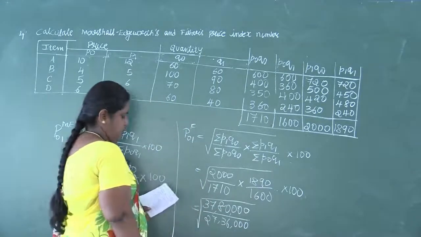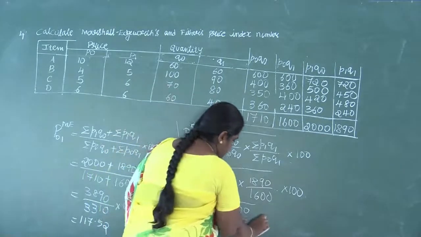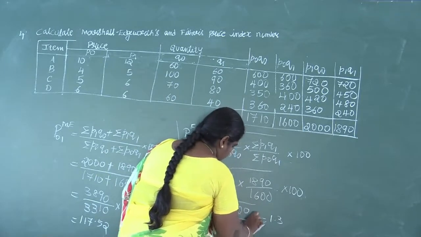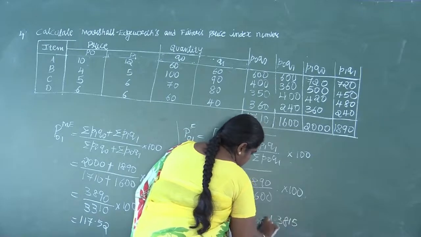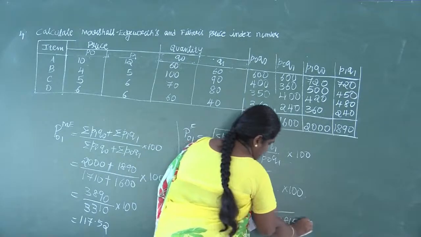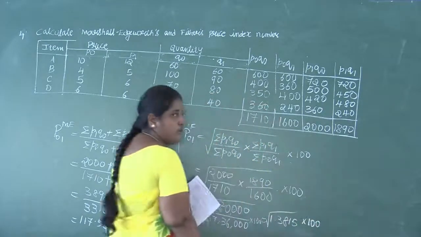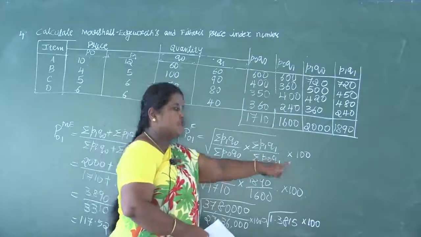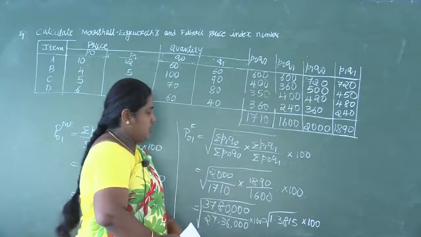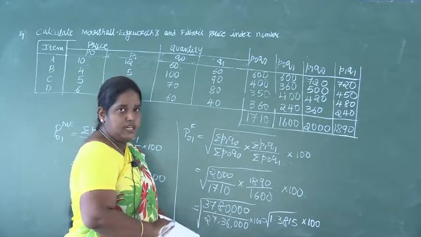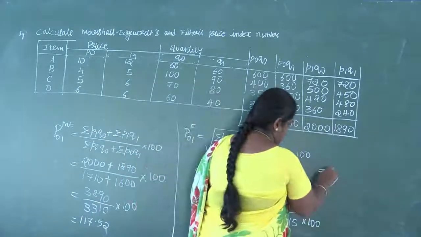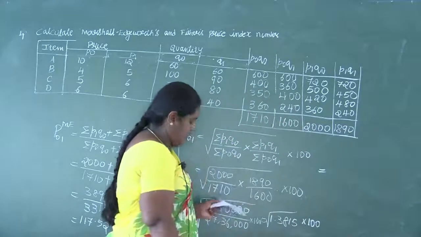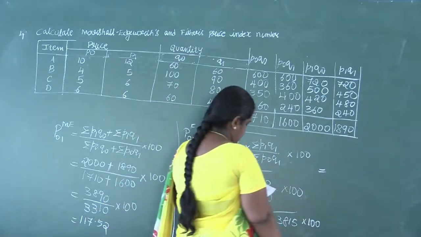Divide, you'll get 1.3815. Then take out the square root and at the ending we have to multiply. Remember, this into 100 is outside the square root sign. So you have to multiply it only at the last step, that is after taking out the square root. If you multiply it before itself, you'll get the wrong answer. So we'll get 1 mark for that.